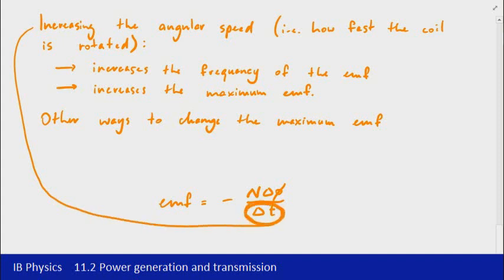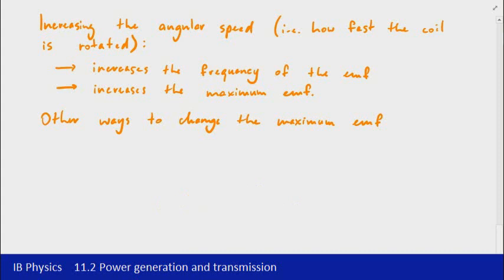The other ways that we're going to consider now are looking at what happens with the numerator, the N delta phi. And if you take that a step further, N delta phi is really equal to N multiplied by the change in B times A. So they're the three quantities that we need to consider if we want to change or increase the EMF in a different way.